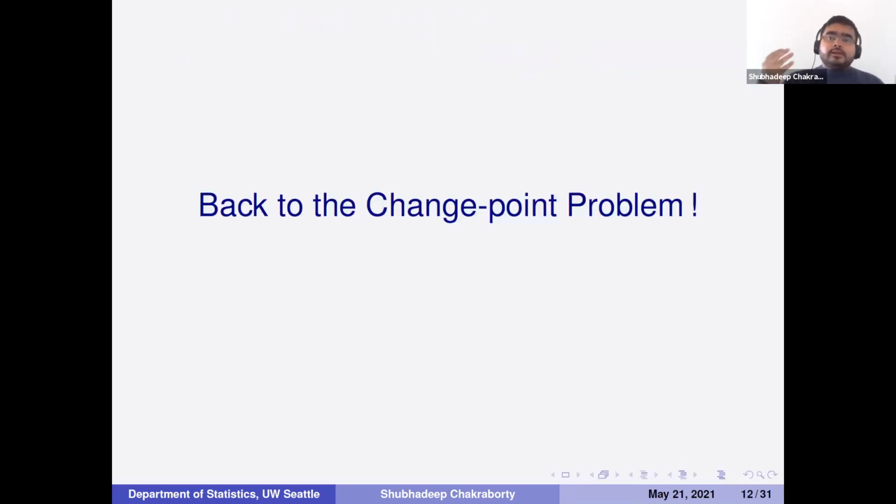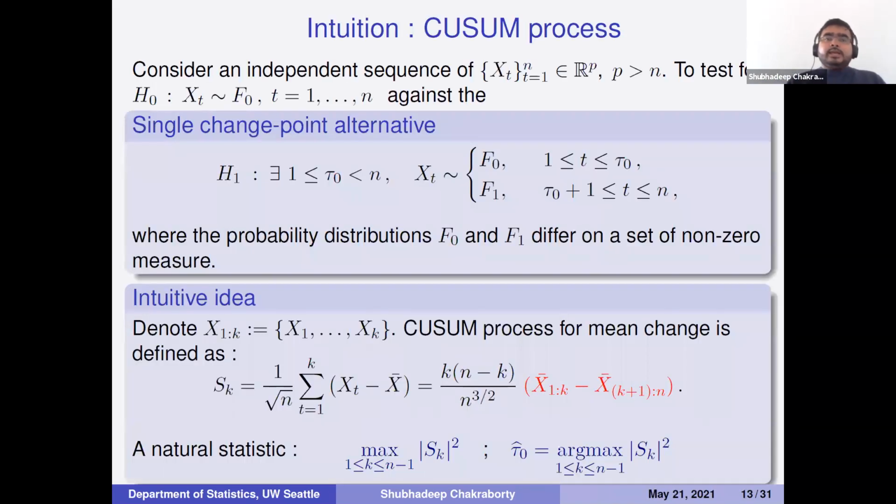So the point is whether we can use the generalized energy distance and prepare a non-parametric methodology for change point detection, which will of course improve over the energy distance based procedure for high dimensions. Let me first provide the statement of the problem. Let's say we have an independent sequence of p-dimensional observations. We typically consider the dimension to be higher than the sample size.